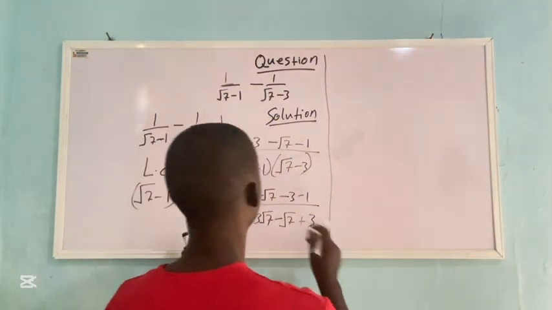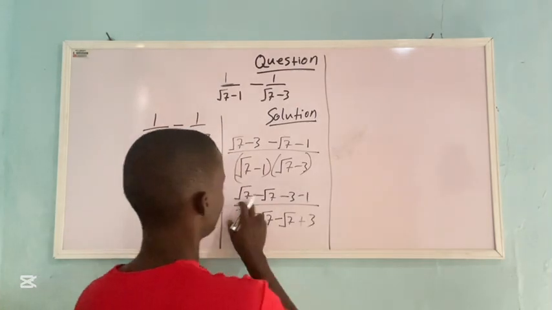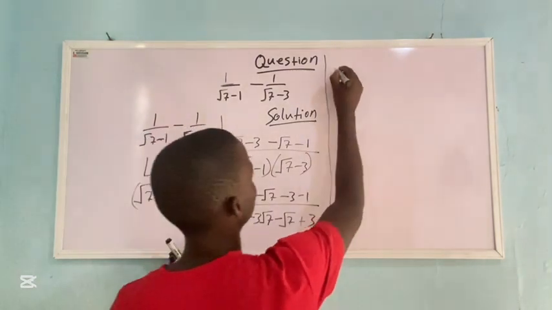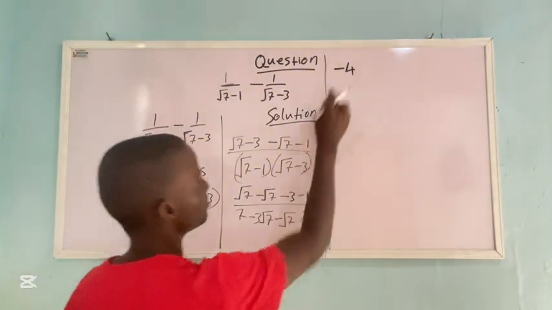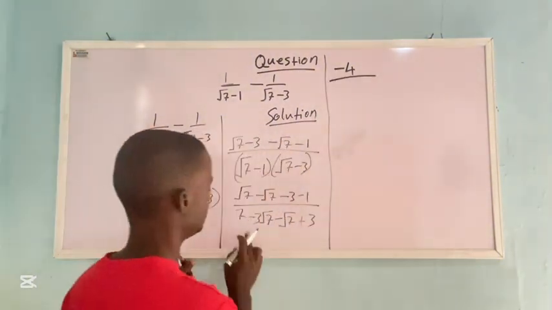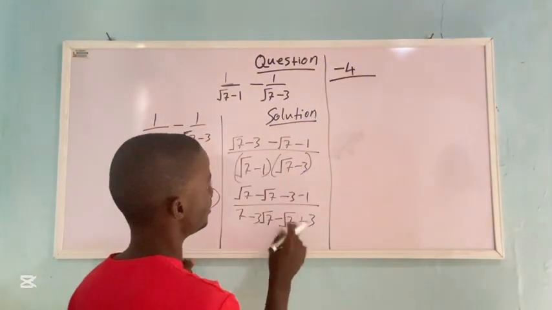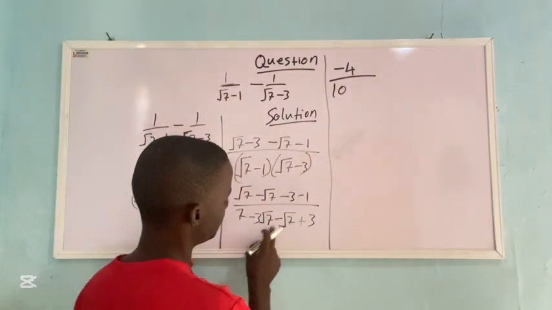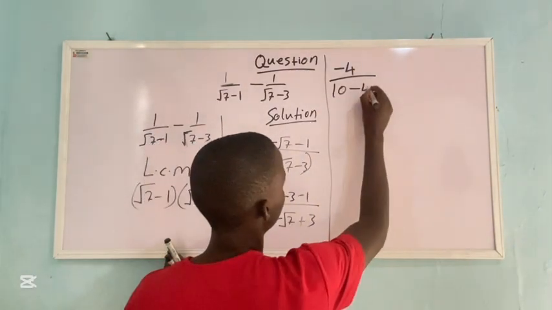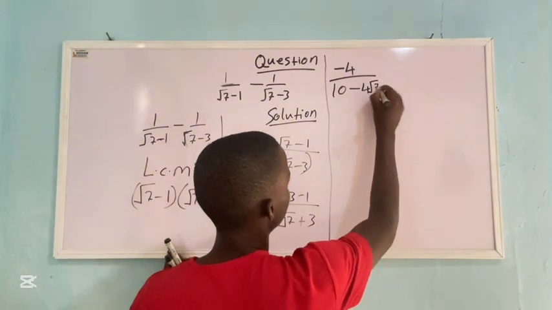So now root 7 minus root 7 is 0, so I'm going to have minus 4, because minus 3 minus 1 is minus 4, all over 7 plus 3, which is 10. Minus 3 root 7 minus root 7, we have minus 4 root 7.